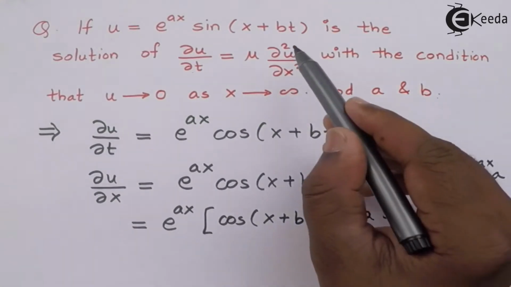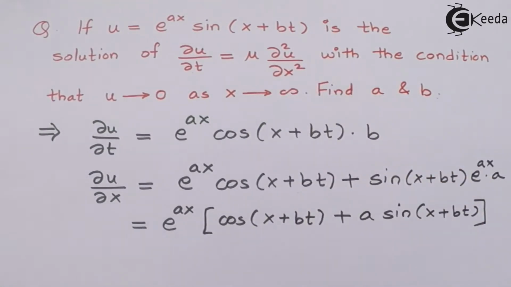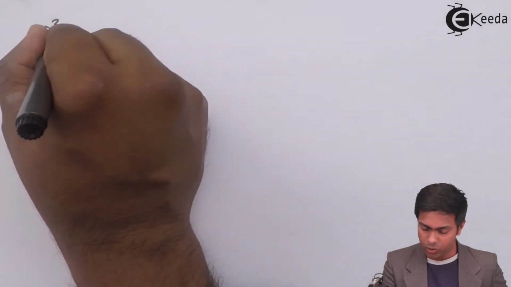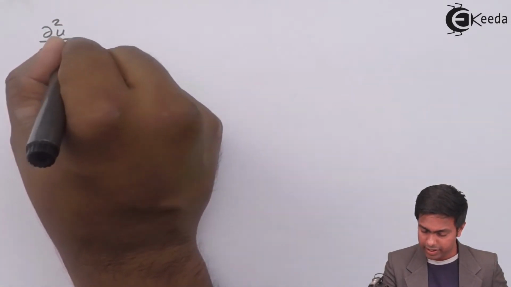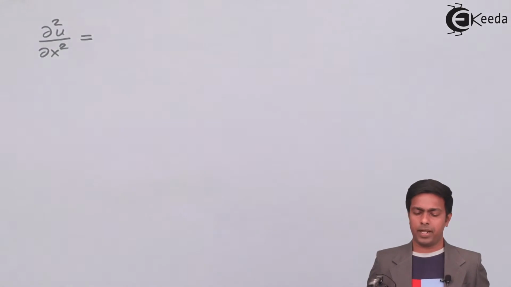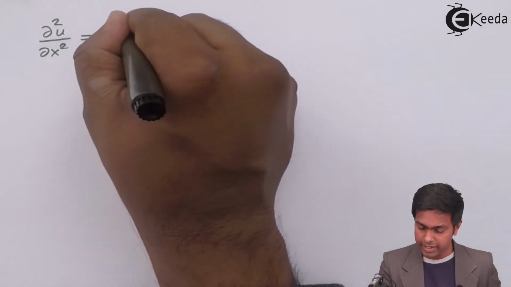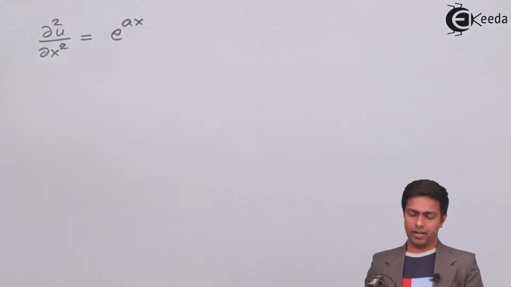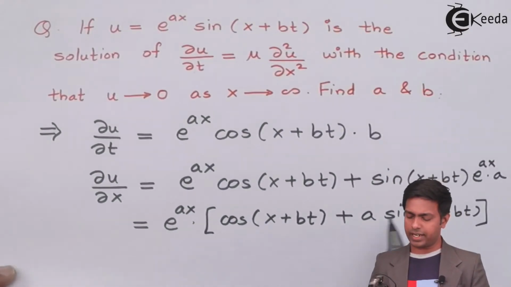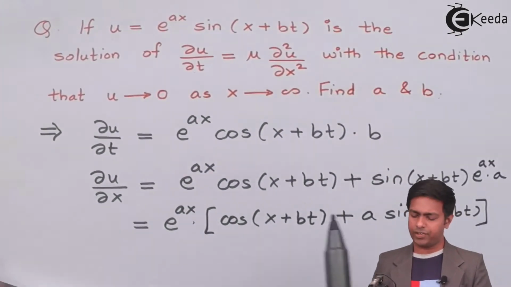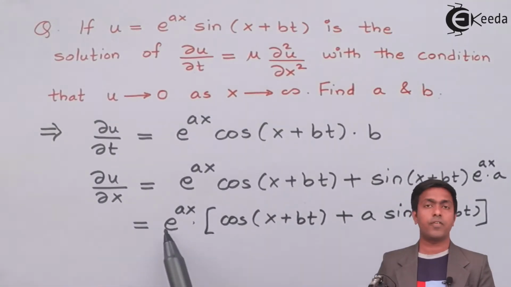Now let's find out del square u by del x square. For that I have to again differentiate this function with respect to x, and in this function there are two parts which are multiplying each other, so I'm going to use the product rule of derivative. So I'll say del square u by del x square equal to, so let's apply. e to the power ax will remain as it is, and we will find the derivative of this second function. Then we'll keep the second function as it is and find the derivative of the first function.